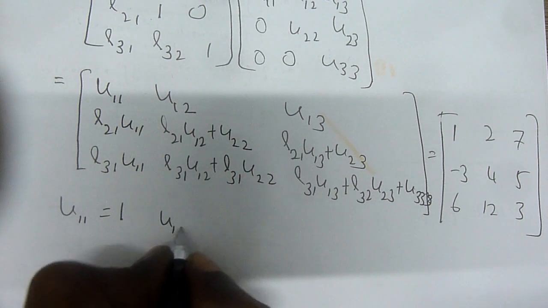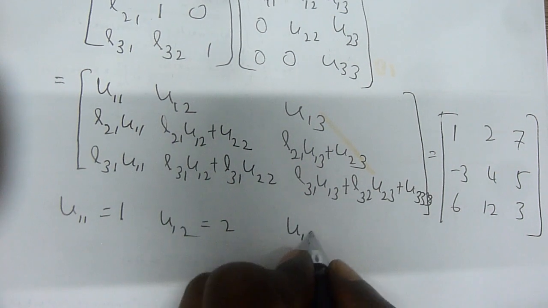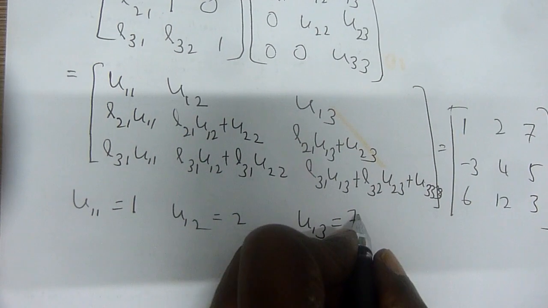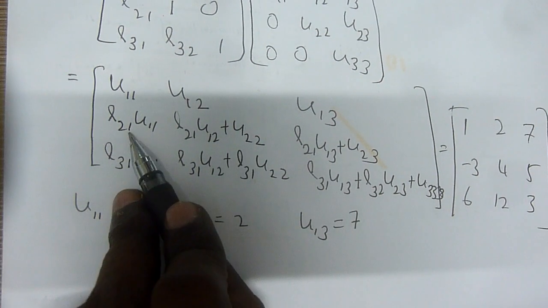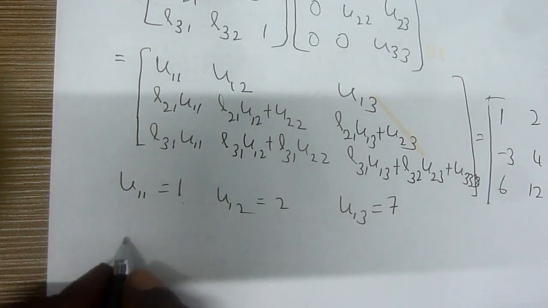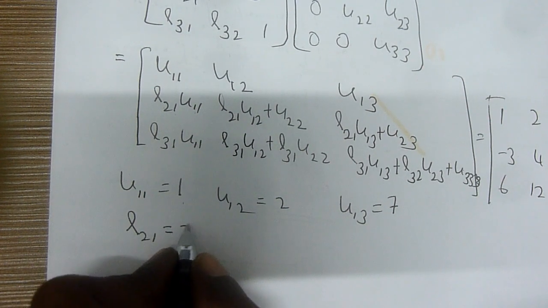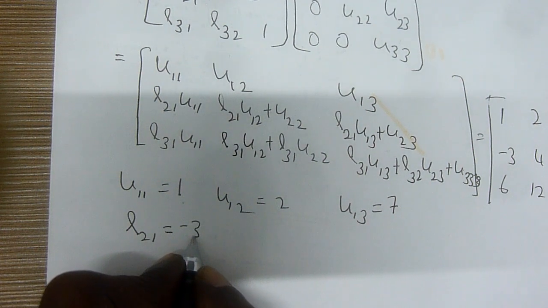Then U12 is 2, very obvious. U13 is 7. What about L21? Because you already know U11, you can find out L21 equals negative 3. I hope that you can solve one by one by yourself.